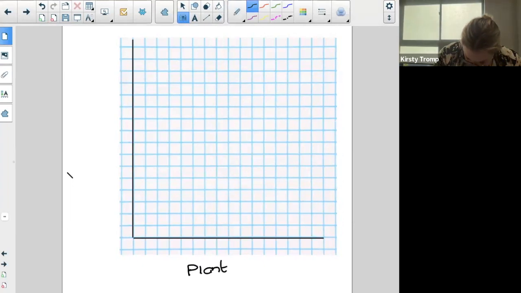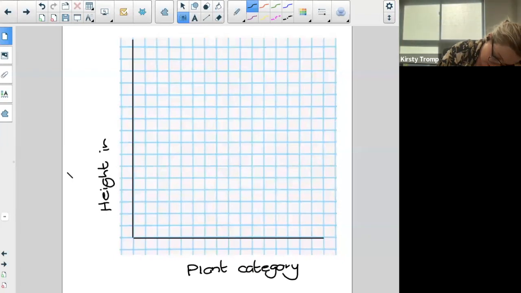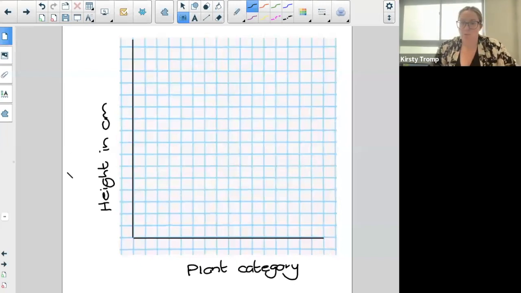I can say plants, or I can say plant category, whichever one you want. On the side, I'm going to call this my height in centimeters. So on my x-axis, I have my plant categories, and on my y-axis, I've got my height in centimeters.